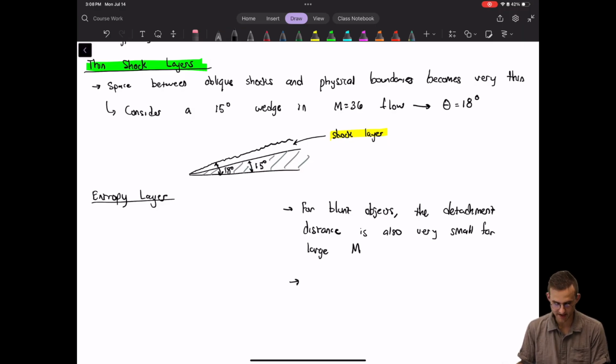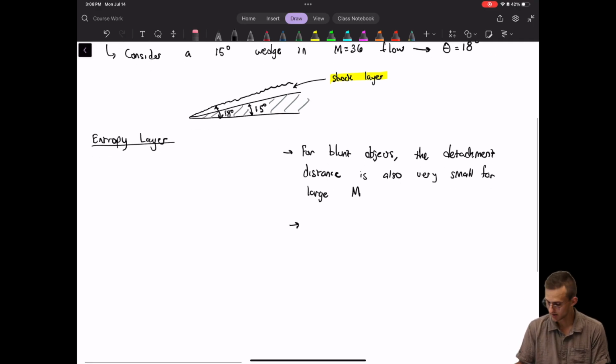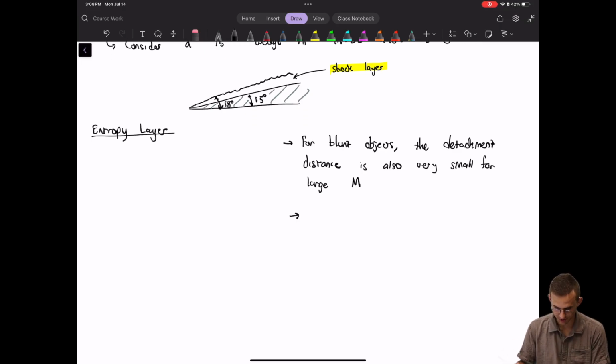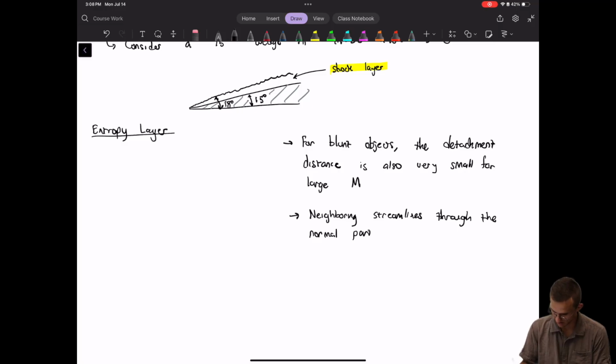Then there's the point that neighboring streamlines through the normal part of the shock experience much different entropy increases, delta S, because it's so extreme.